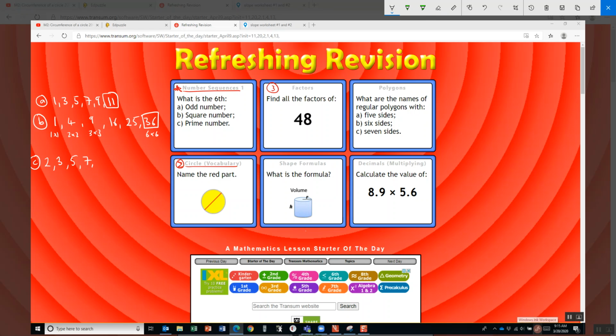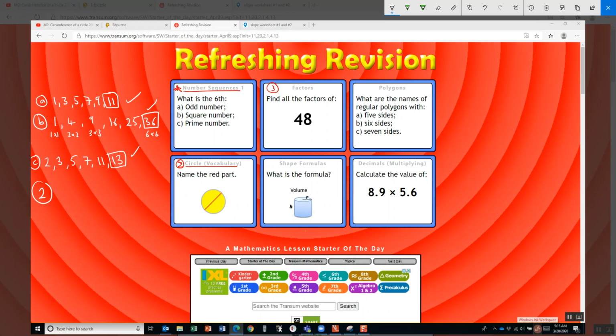So 8 can't be prime because it can be divided by 4 and 2. The next one is not 9 either because it can be divided by 3. Not 10 because it can be divided by 5. 11 is definitely prime. 12 isn't because it can be divided by 6. And 13 is good. So 1, 2, 3, 4, 5, 6. Those are our answers. Did you get them? I will be able to check.